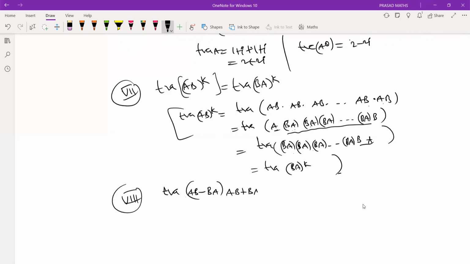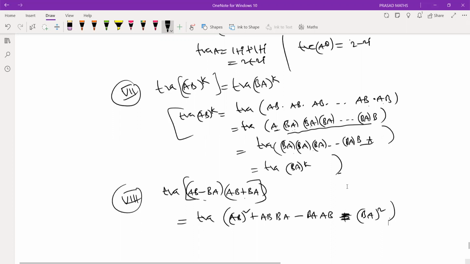This can be written as trace of AB into AB, whole square, AB into BA, next minus BA into AB, next minus BA whole square.